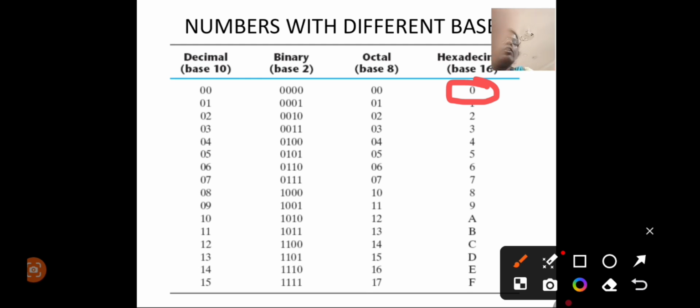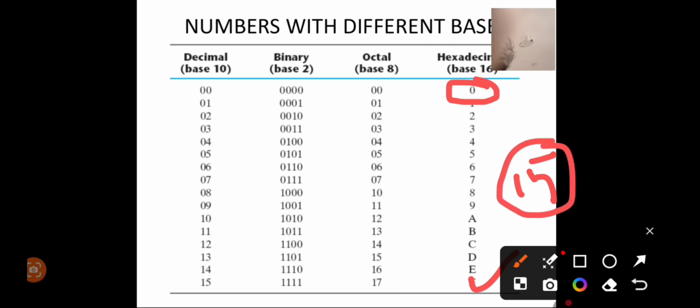How many digits we use in each system is based on the largest digit of hexadecimal, which is F, equivalent to 15 in decimal, a 2 digit number. So that's why we represent octal in 2 digits, and decimal in 2 digits.